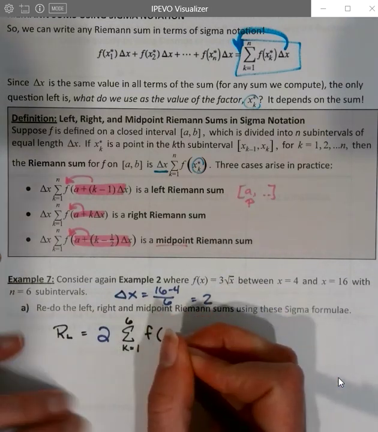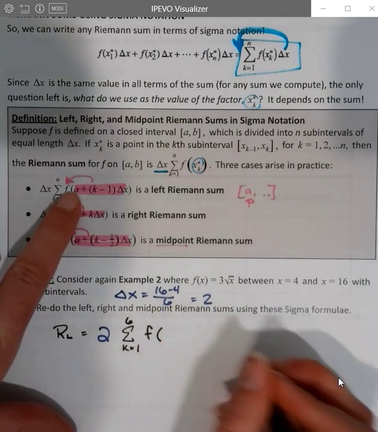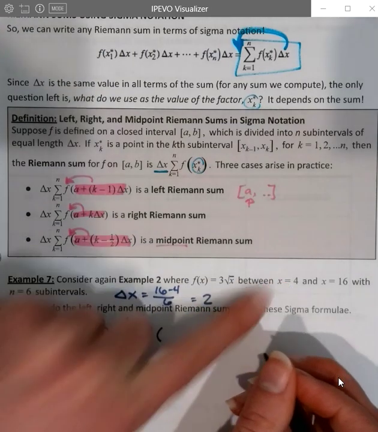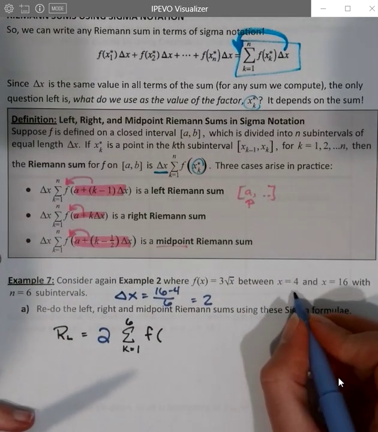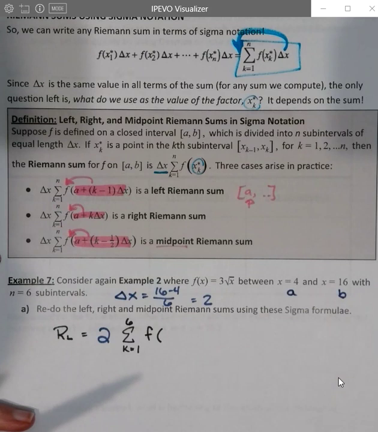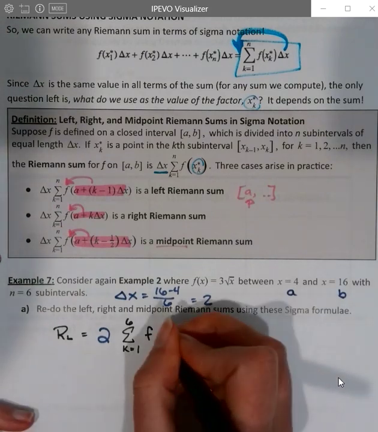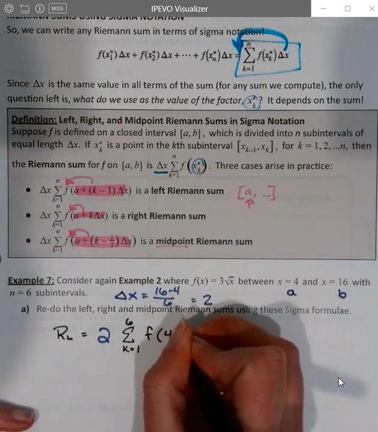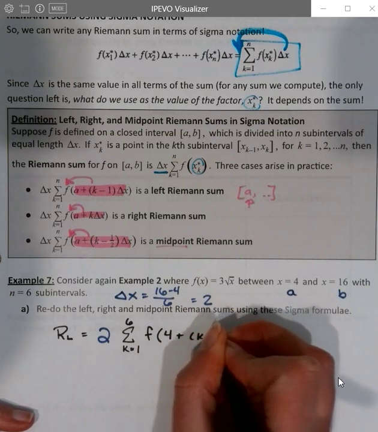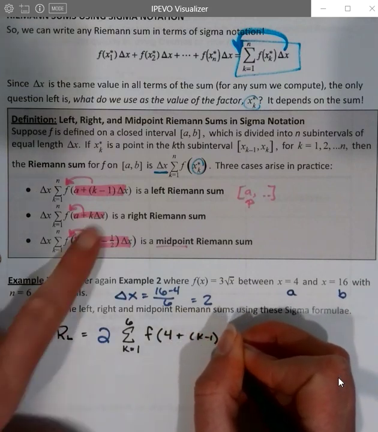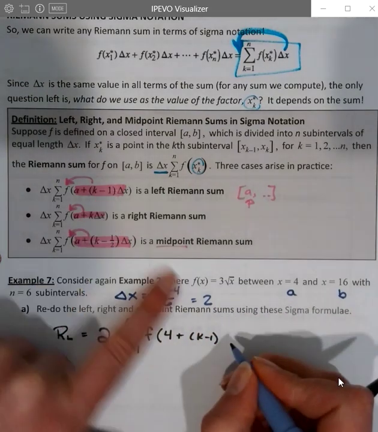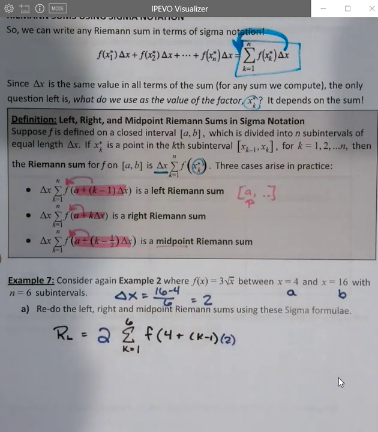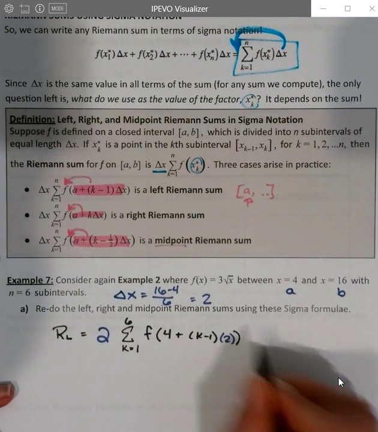If I'm doing the left, a is 4. Again, these were the ends of our intervals, so those are a and b. So a is 4 plus k minus 1 times delta x, and again, delta x is 2. Okay, so that goes into the function.